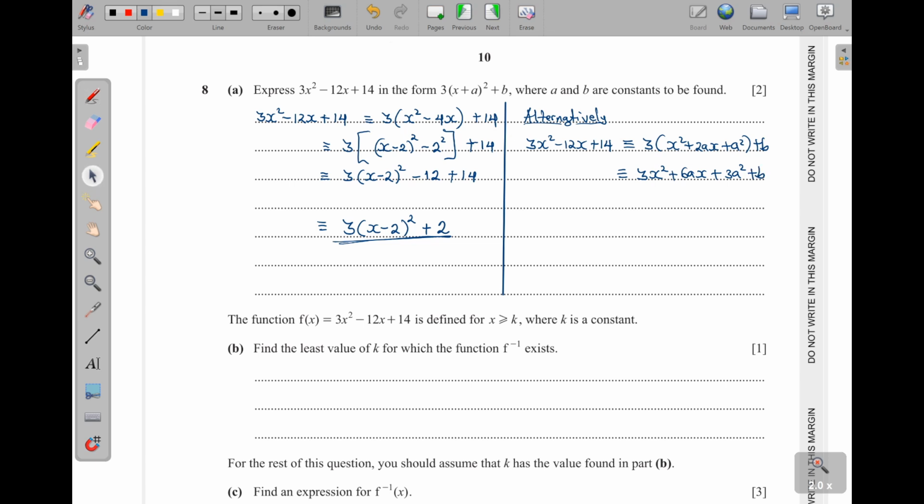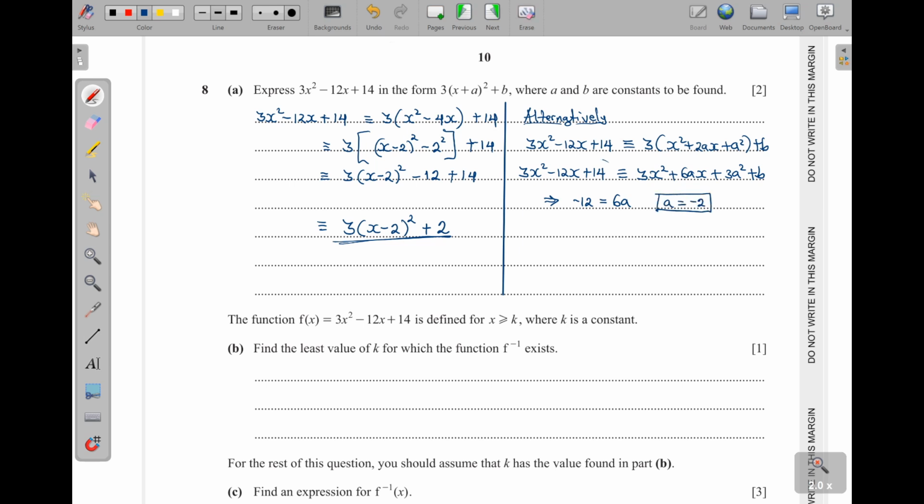Okay? So now what we do, we equate the coefficients. The coefficient of x squared is this 3 here. Then the coefficient of x here is 6a, and this one is negative 12. So negative 12 is equal to 6a. By dividing all through by 6, that means a is equal to negative 2.